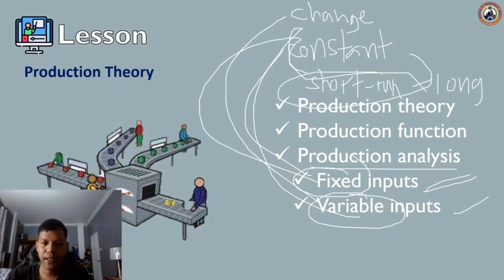Another term we have here is the short run, as I mentioned a while ago. The short run is the period in which at least one factor of production is considered fixed. Usually this is the capital.